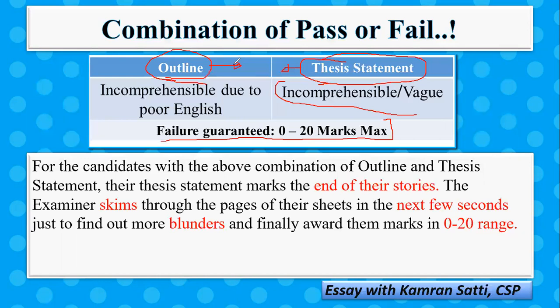He will look out, okay, let's just give this candidate some time. Maybe he has something to give me that I might award him 40 marks. So even if your English is not good, then believe me, you will only be getting something between 0 to 20. Okay, now let's discuss other categories.